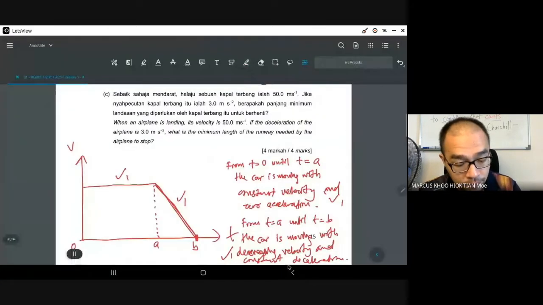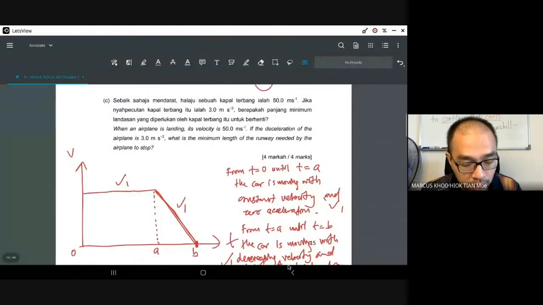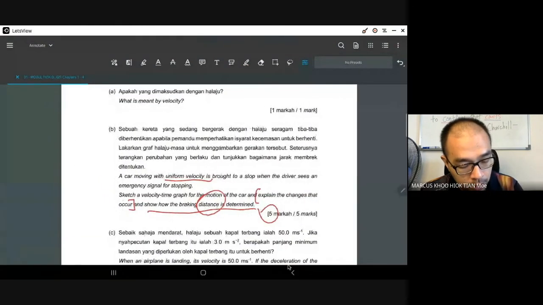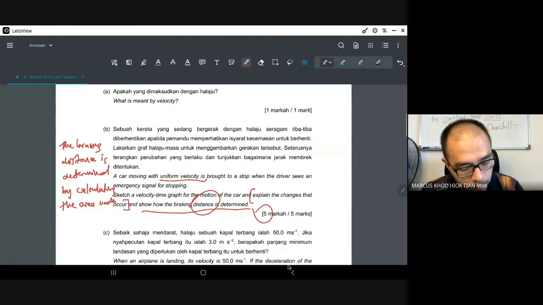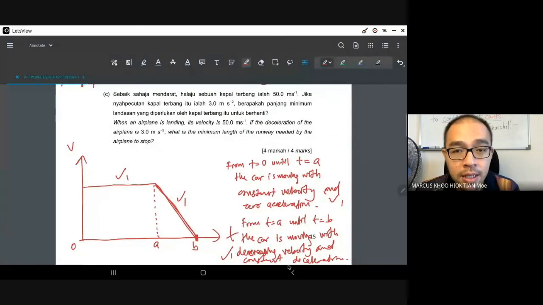So your fifth point, and I have no space to write now, so I'm just going to write it here: the braking distance is determined by calculating the area under the graph. But for which section? The area under the graph of this one, because only here do they start to brake.